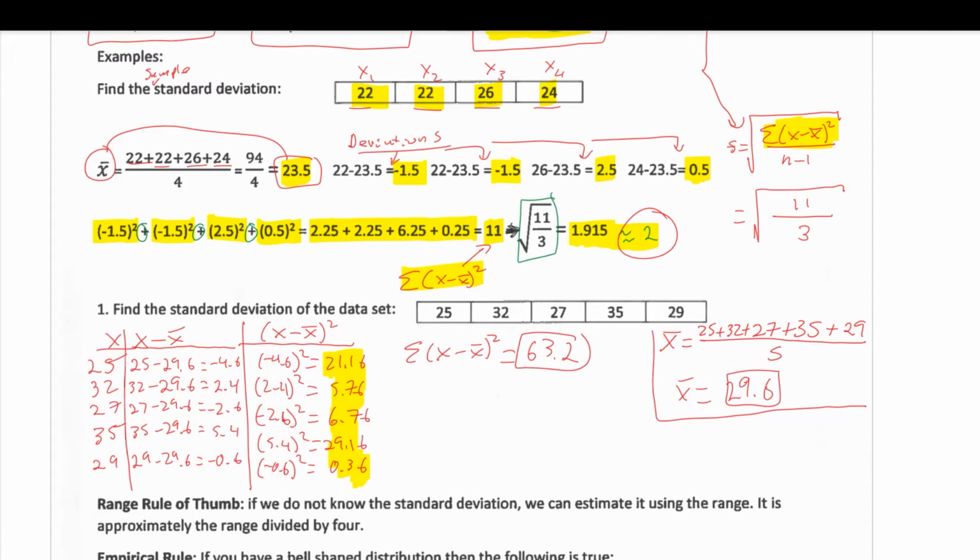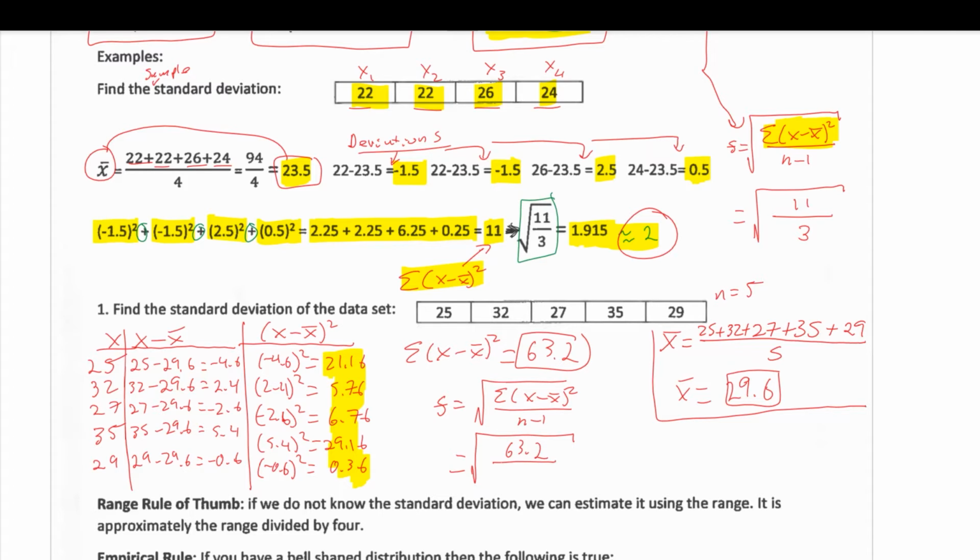And finally, to calculate the standard deviation, it's going to be the square root of the sum of the squared deviations over sample size minus 1. So in our case, the numerator is 63.2. Our n was 5, right? There's 5 data values.